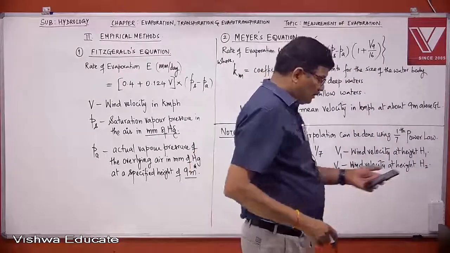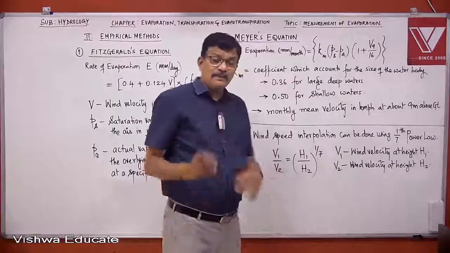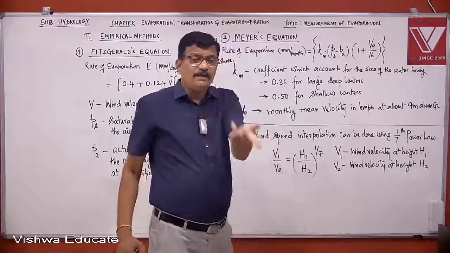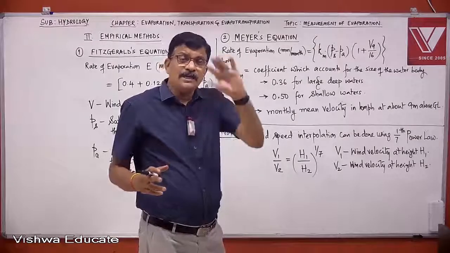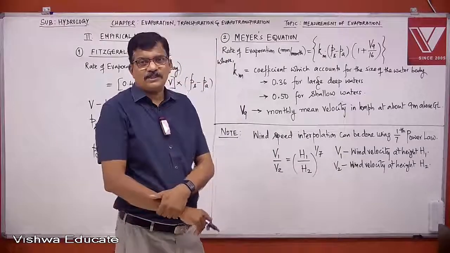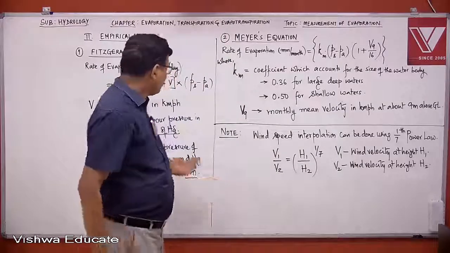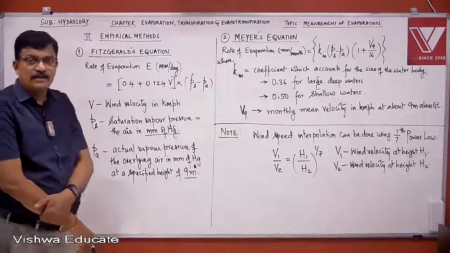So knowing the wind velocity at a particular height, you can convert it to wind velocity at any other height using this interpolation technique. I would request you to quickly note down what is there on the board.